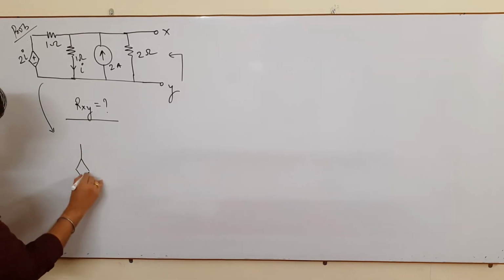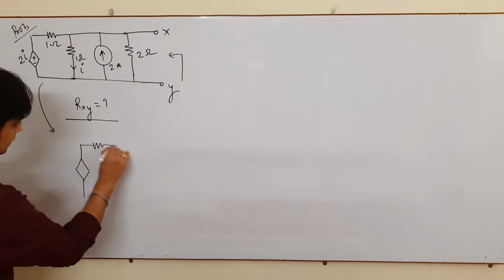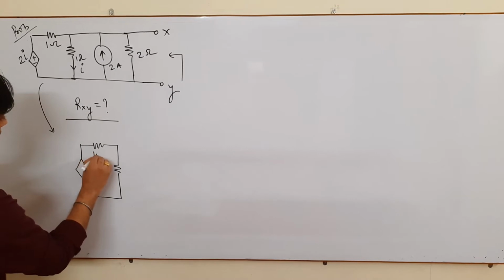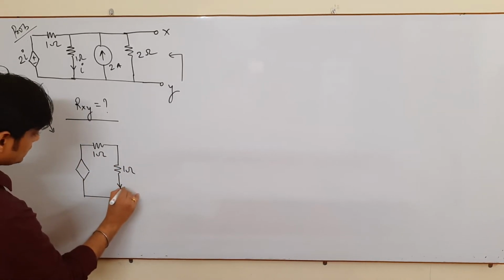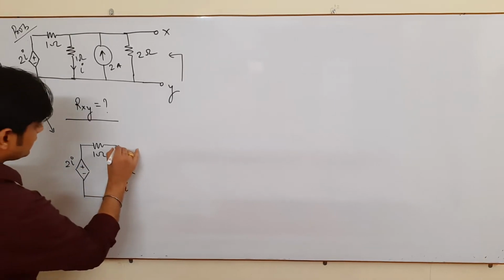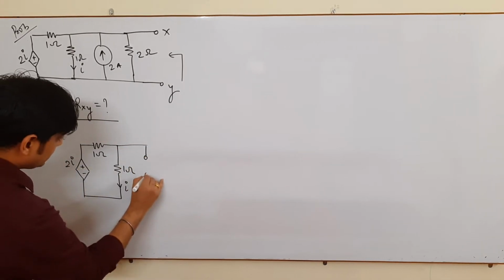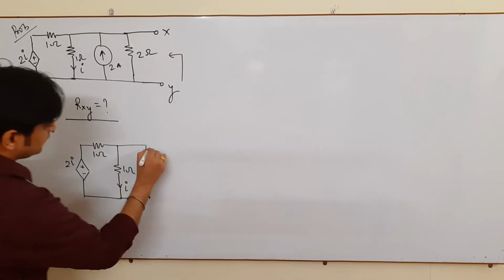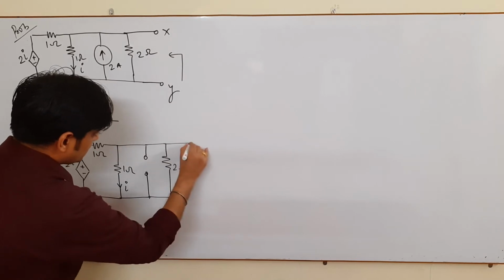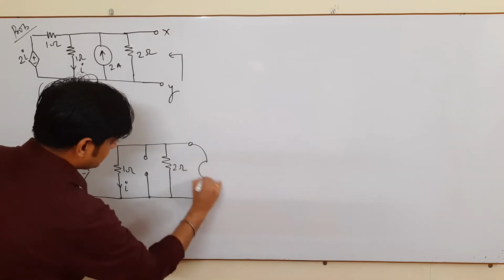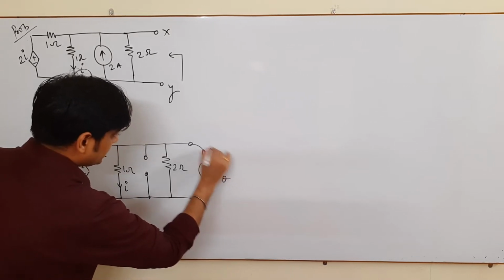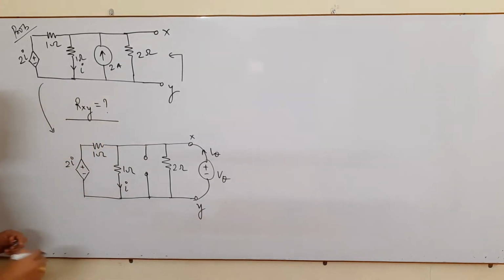So this network comes to be in this fashion. This is 1 ohm, this is 1 ohm, this is current I, this is twice of I. Now it gets open circuited. Here is the resistance 2 ohm, and this is your terminal, and let some voltage V theta and current I theta be connected here.